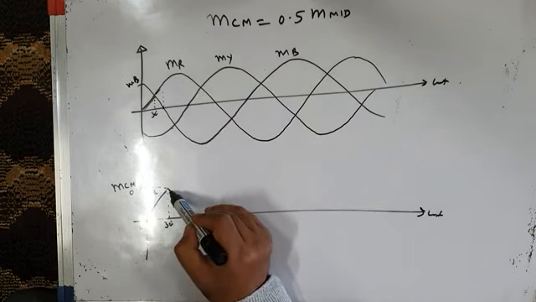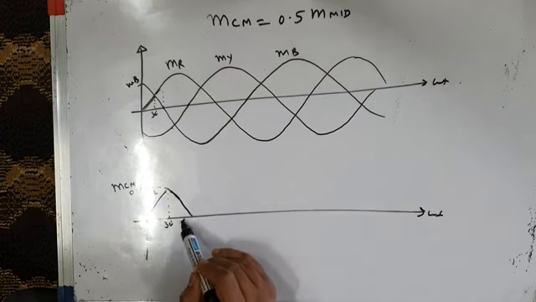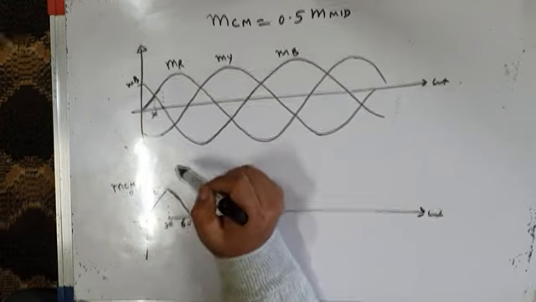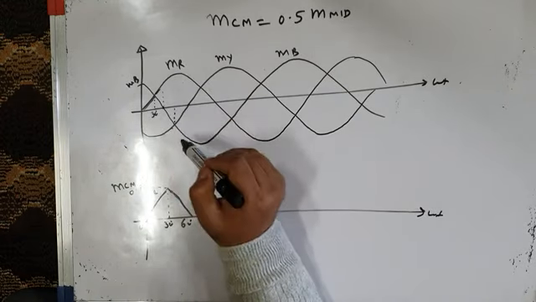Okay, I will go up to 60 degrees. I am drawing this zoomed in a bit. 60 degrees. From 60 degrees to 90 degrees. This is 90 degrees.